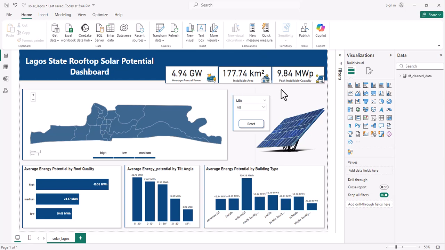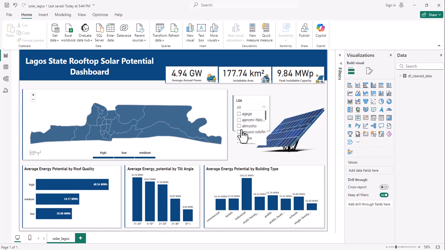Then the peak installable capacity, as in the highest peak installable capacity, is about 9.84 megawatt peak. So let's visualize a local government in Lagos State and see what we have over there.